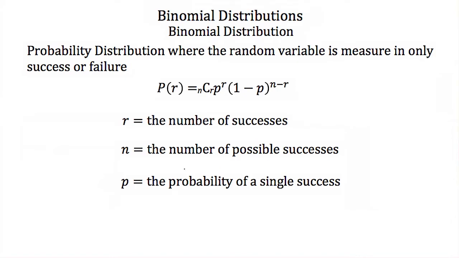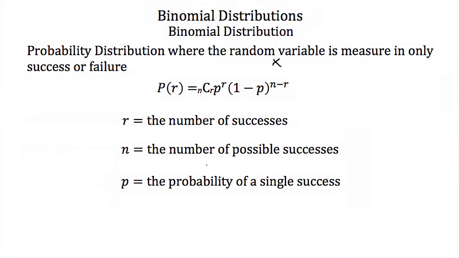So now that we know what a probability distribution is and what it looks like, now we can talk about binomial distributions. Binomial distributions are just probability distributions where the random variable, remember that's x, is measured only in success or failure.